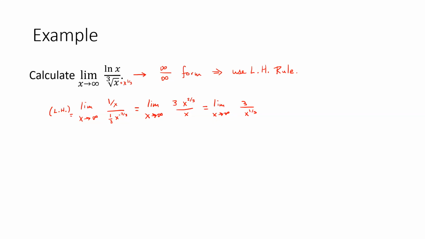And now looking at this, I see that as x goes to infinity, we get something that stays 3 in the top and goes to infinity in the denominator. So now it's just going to be 0. So we didn't need to reapply the rule again. We just had to simplify what we had after the first step. And then we got it into a form that we could just easily evaluate.